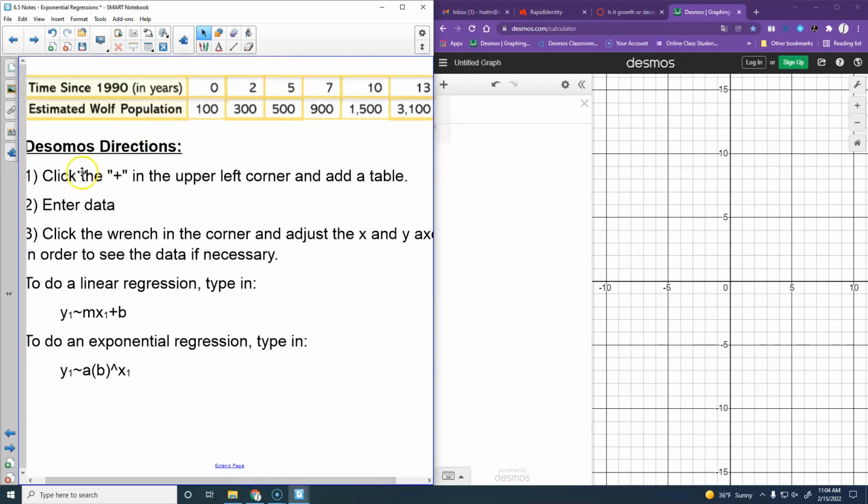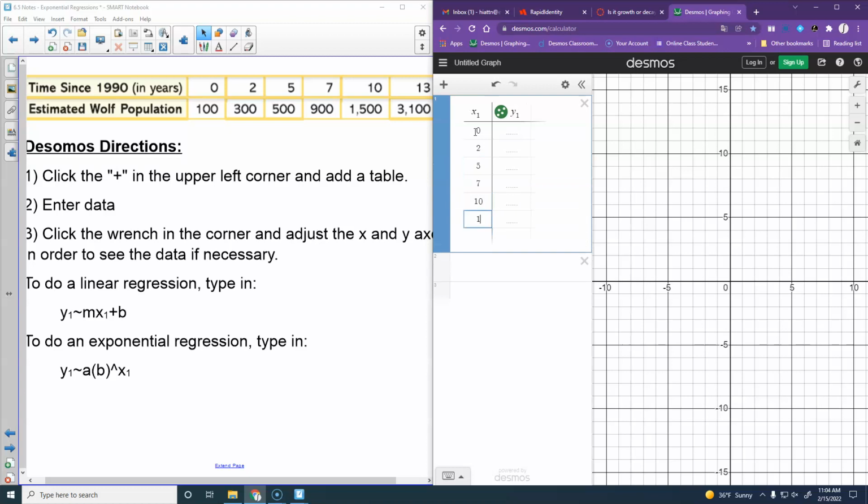Okay, the first thing you're going to do is put the plus sign, add a table. So everybody do that on yours. And then you're going to enter your data. So enter this data, please, into Desmos.